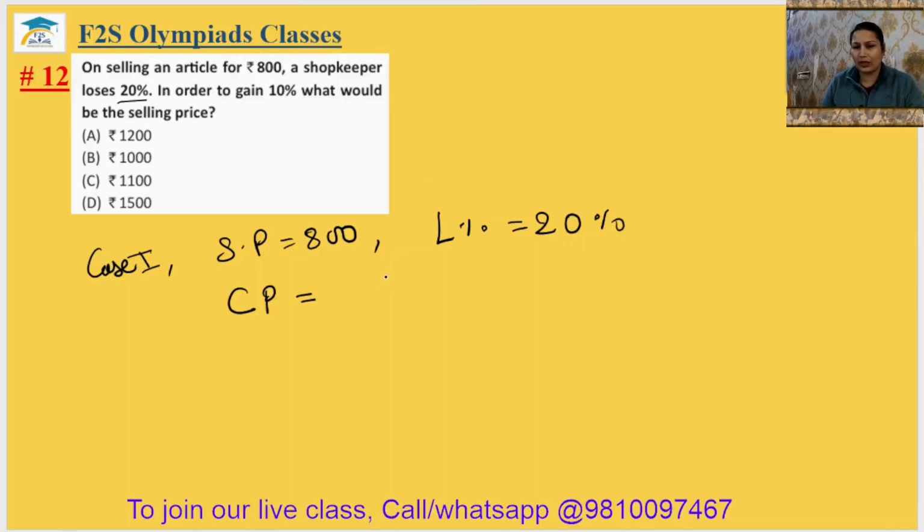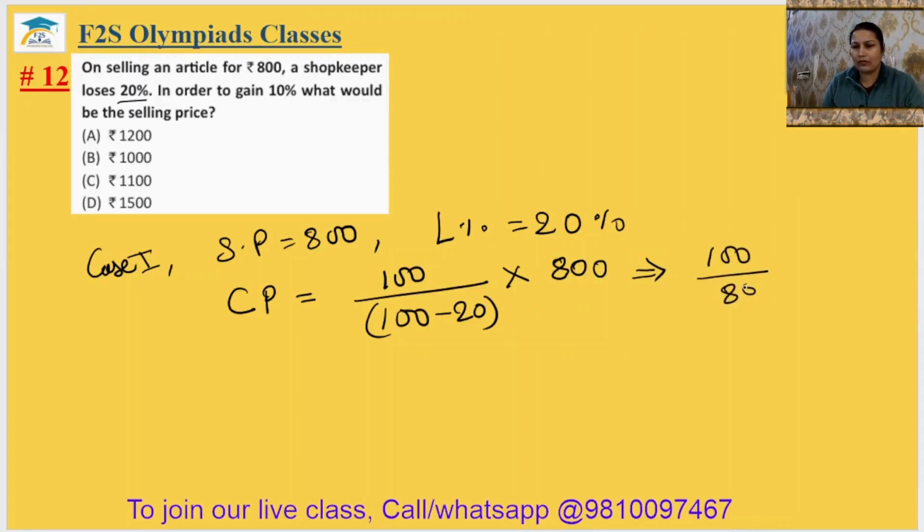Cost price will be 100 upon 100 minus loss percentage, that is 20%, multiplied by SP, that is 800. This implies 100 upon 80 multiplied by 800. 80 cancels, 8 ones are 10s are. So 1000 rupees is the cost price of that article.